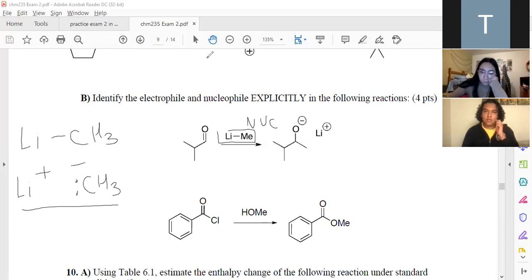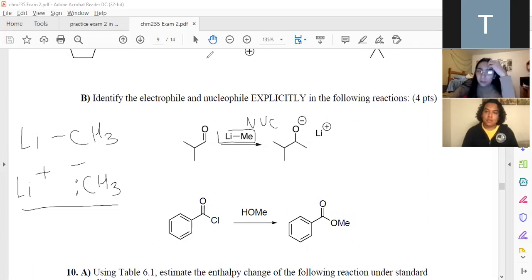So Melissa, any idea on how you identify the electrophile? Would it just be the oxygen? It's not the oxygen. It's what's attacked. So what is my nucleophile? The methyl or the lithium? What am I adding to that molecule? Oh, the methyl. Okay, so the methyl is my nucleophile. Where the methyl adds, that carbon is my electrophile.